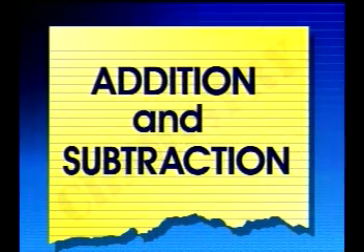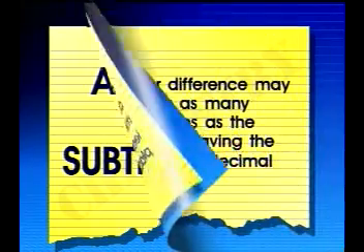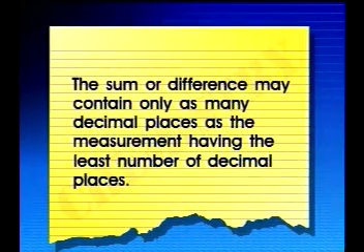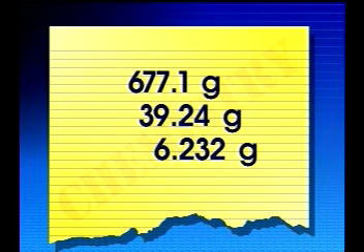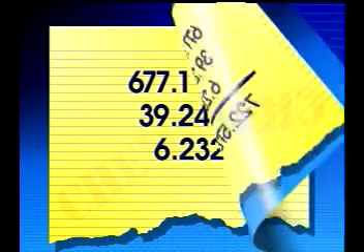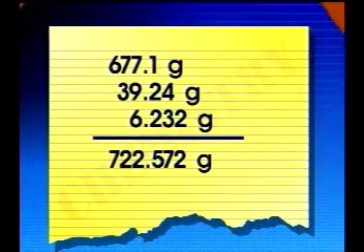The general rule for adding and subtracting is that the sum or difference may contain only as many decimal places as our measurement having the least number of decimal places. Let us suppose that to calculate the result of an experiment, we have to add these numbers. The sum has 3 decimal places.